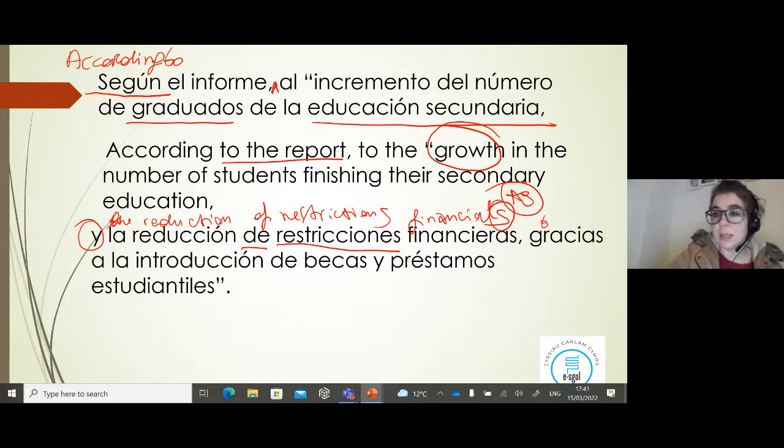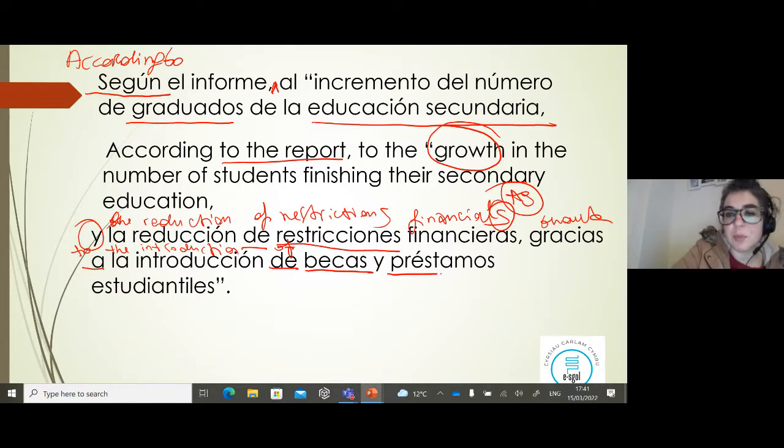Gracias a, thanks to, a, the introduction of, you might be struggling with this word, becas y préstamos. Do you know them? If you don't, and you find them out now, it's worthwhile taking notes when you're exercising.